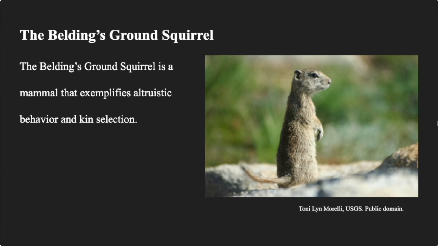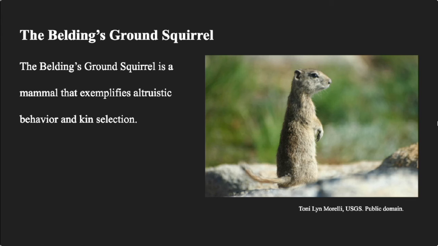Even though the sentry squirrel will most likely die, that squirrel is saving their relatives that also carry the gene. Additionally, this relates to inclusive fitness because the sentry squirrel loses its direct fitness but increases its indirect fitness, which allows altruistic behavior to continue.